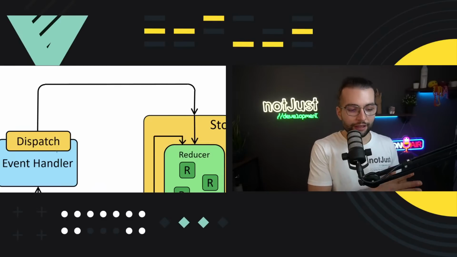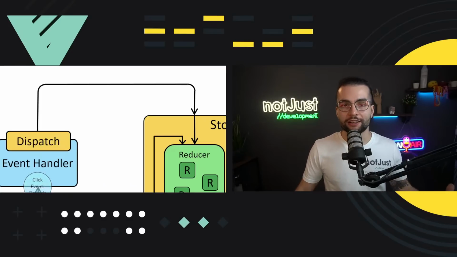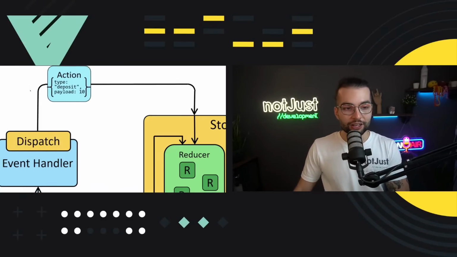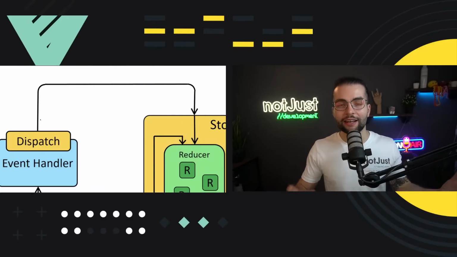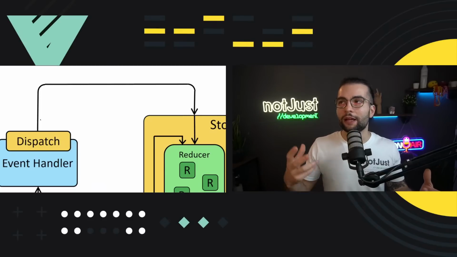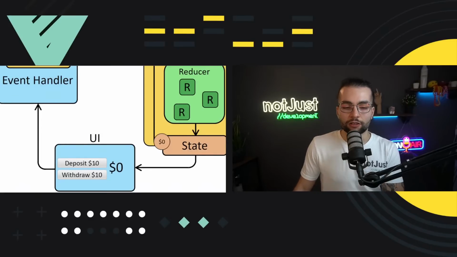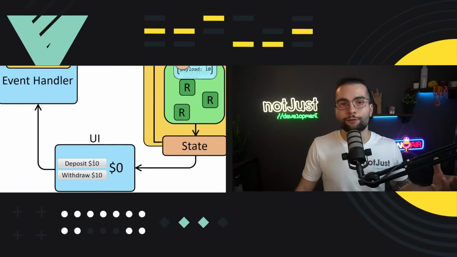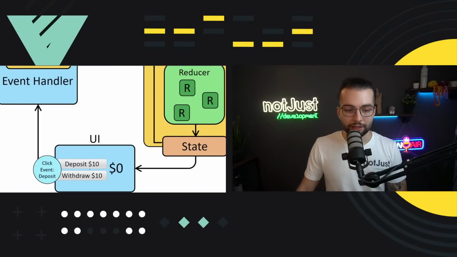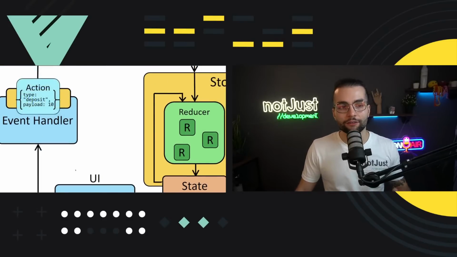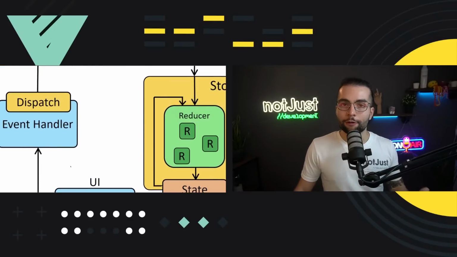And this thing that we're doing here is called dispatching actions. An action specifies what happened and also contains data that we'll need to know about the action. For example, pressing the deposit $10 might trigger the action deposit, and we'll have a payload of 10. Pressing on the withdraw will dispatch an action called withdraw, and the payload will be 10.